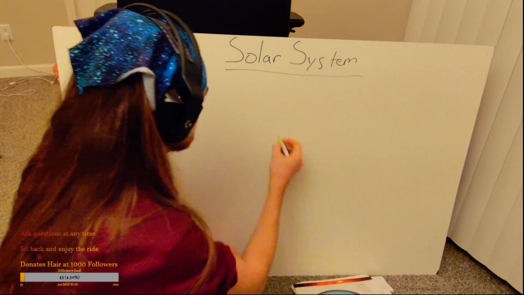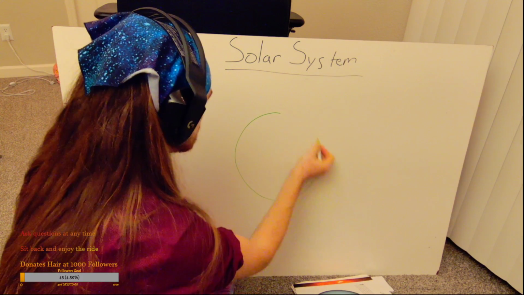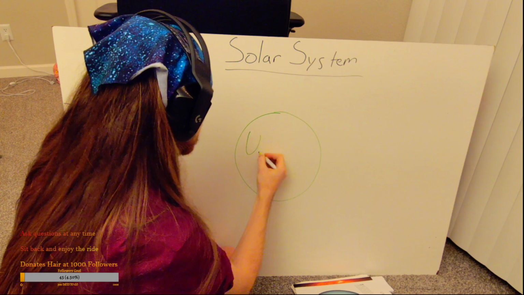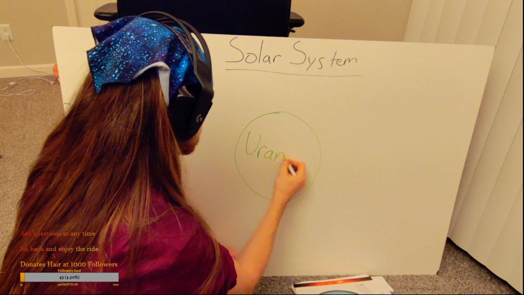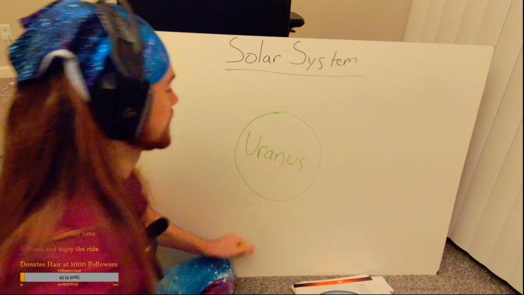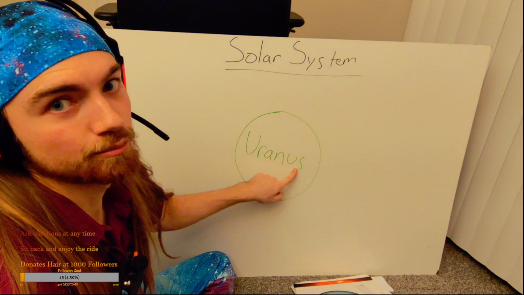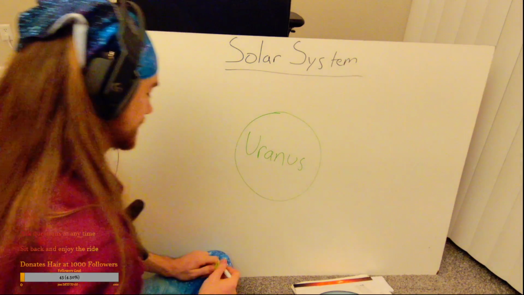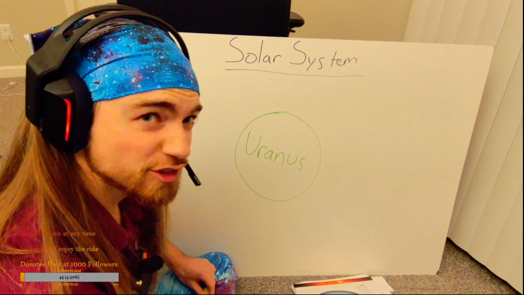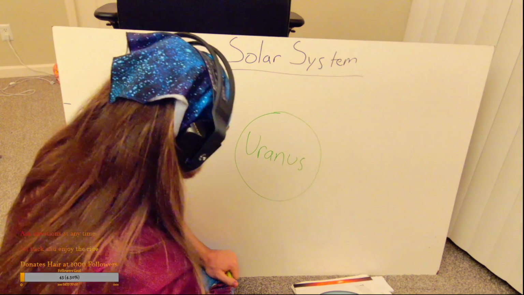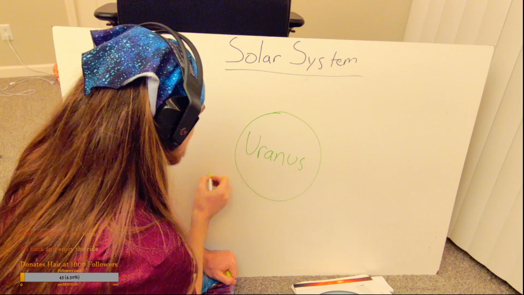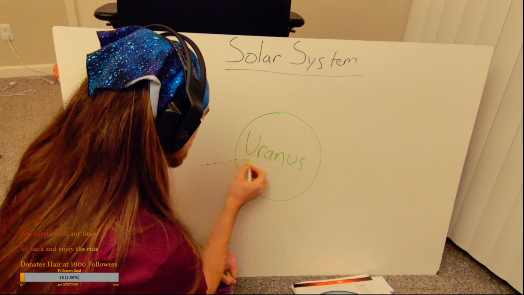Okay. Next, Uranus, planet number 7. And no, it's not your body part, it's Uranus, and you will refer to it as such. It has a tilt of 97 degrees.